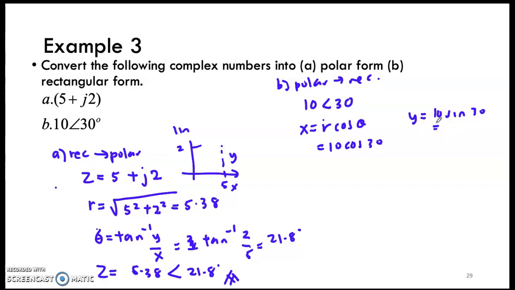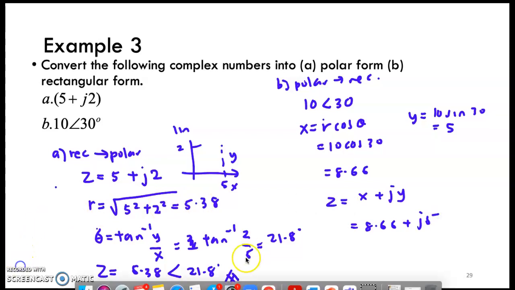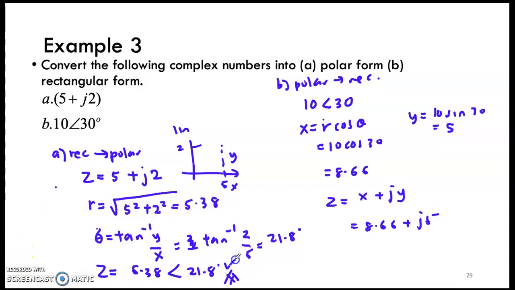Cos 30 times 10 is 8.66. Sin 30 times 10 is 5. So what is z? z equals x plus jy, that is 8.66 plus j5. That's how you change from rectangular to polar and polar to rectangular.